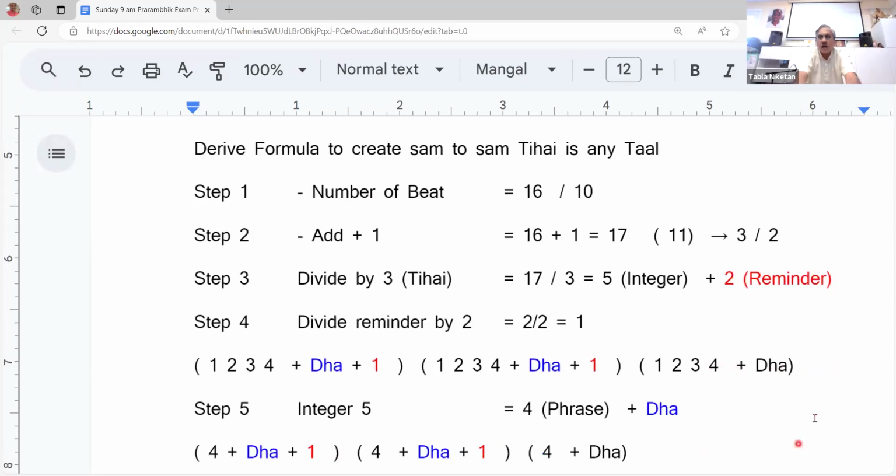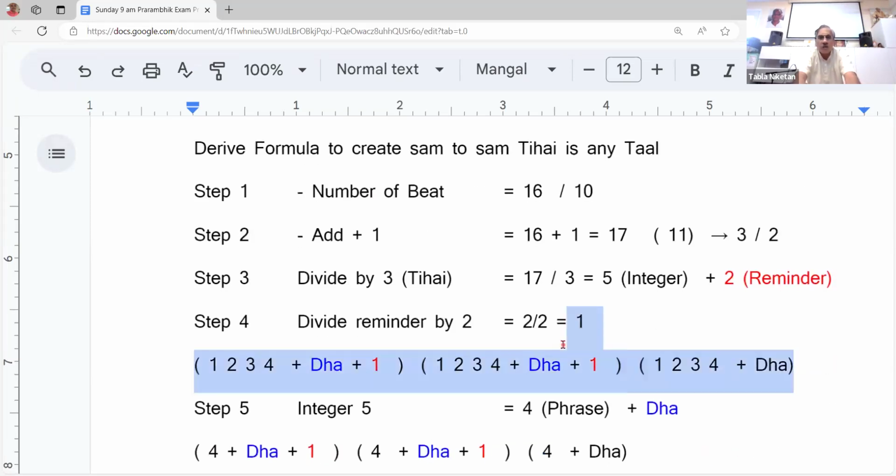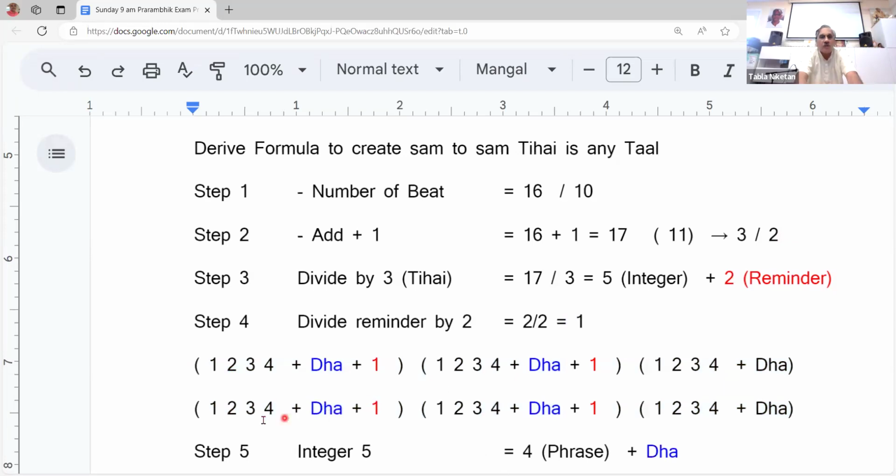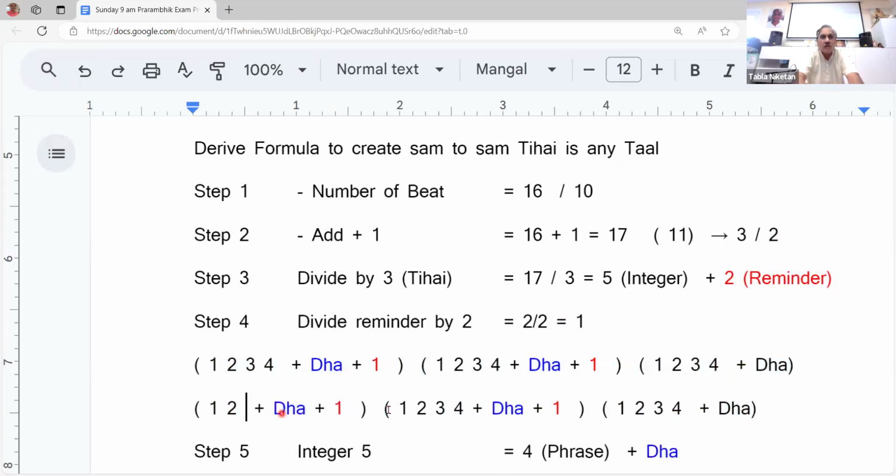So in case of Jhaptal, that will change to what? 1, 2, dha, 1, 1, 2, dha, 1, 1, 2, dha, 1, right? I'm copying basically here, so remove 3, 4.